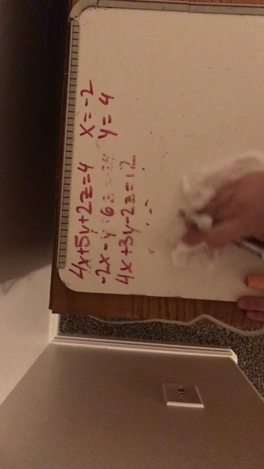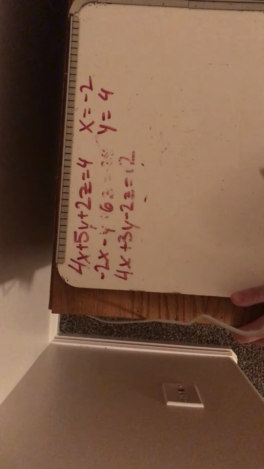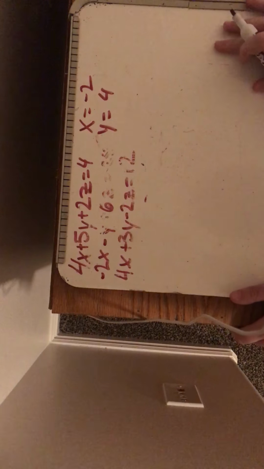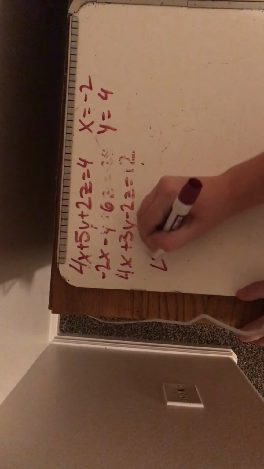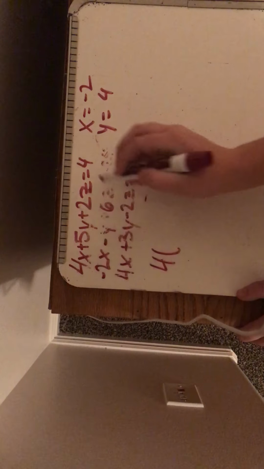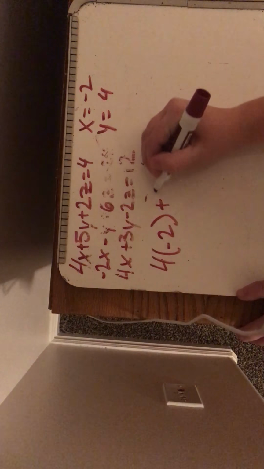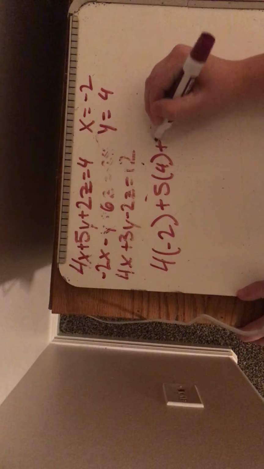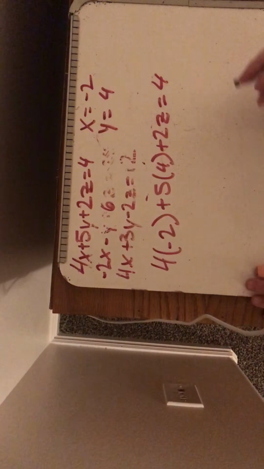And then now to solve for z, as we got rid of it. So you can just choose any equation you want, basically. It's really up to you. I'm just going to do the very top one. 4 times negative 2 plus 5 times y plus 2, still don't know z, and that equals 4.